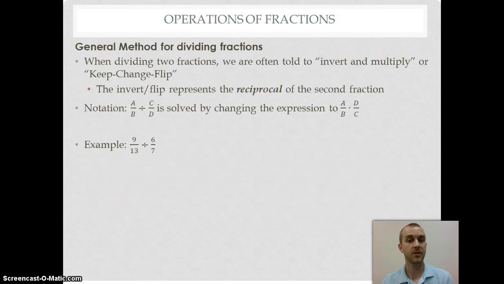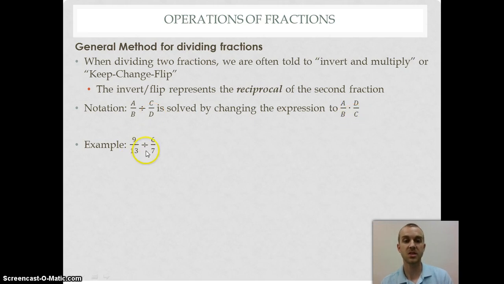Now when I go about dividing fractions, often you'll teach students to invert and multiply or even keep, change, flip. And what I'm doing there is multiplying by the reciprocal. So if I have one fraction divided by, say, c over d, what I'm going to do is actually multiply by d over c.